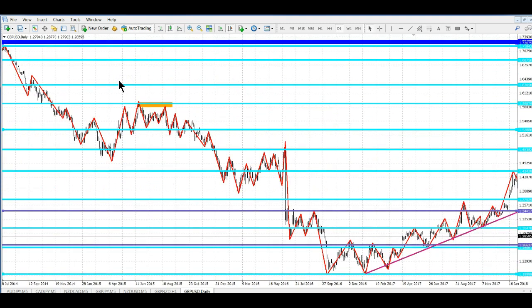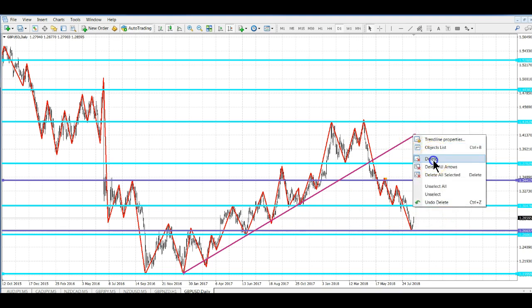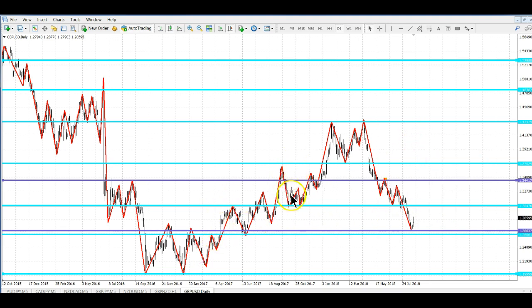So all of this is support and resistance. You would trade it by trading the bounce off of that area. Or sometimes it'll break the area and then come back to it, and you just trade it when it comes back.